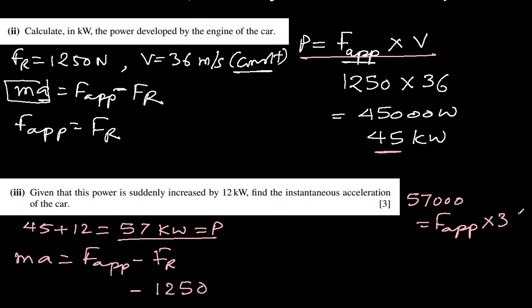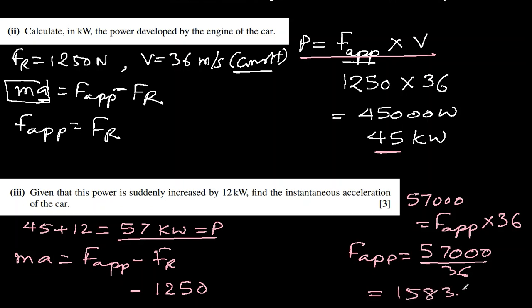times speed. The speed is still 36 meters per second because it is instantaneous. At the same point when it was moving earlier, the power suddenly increased. So now we can say that the applied force will be 57,000 divided by 36, which will be about 1583.3 newtons.